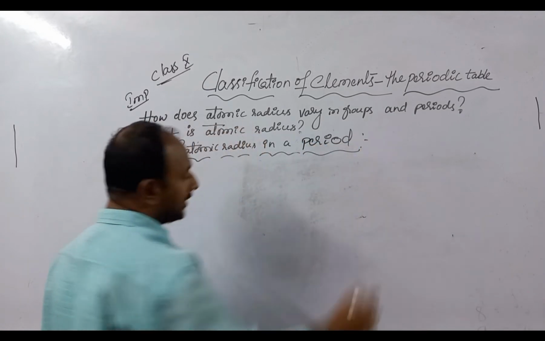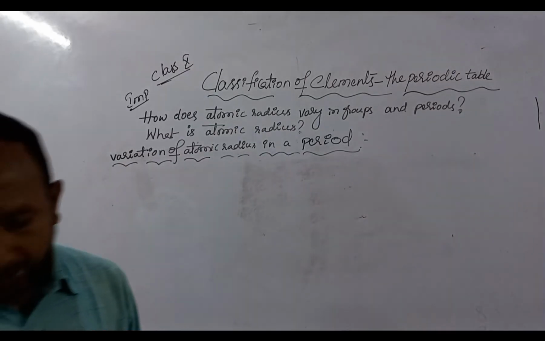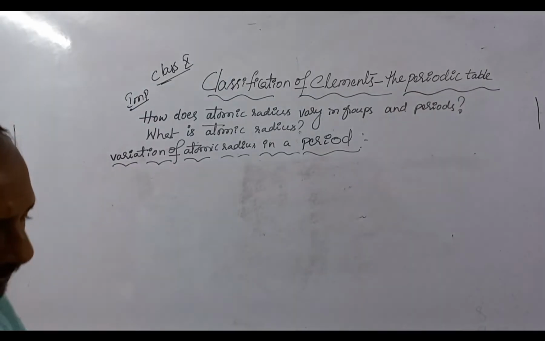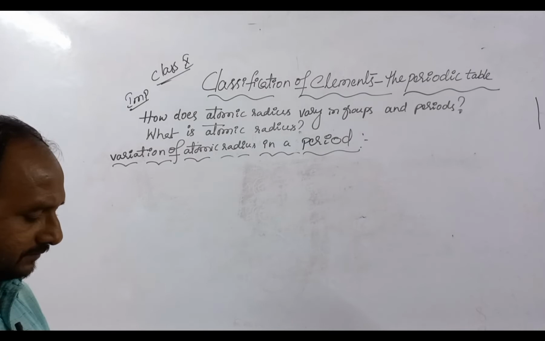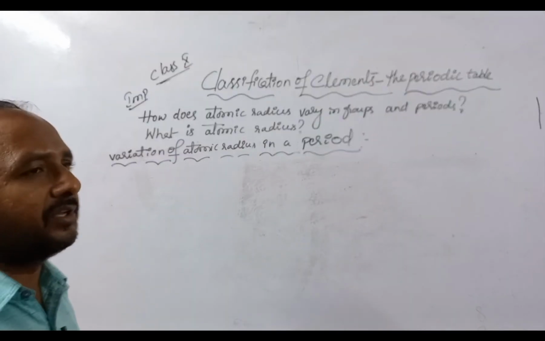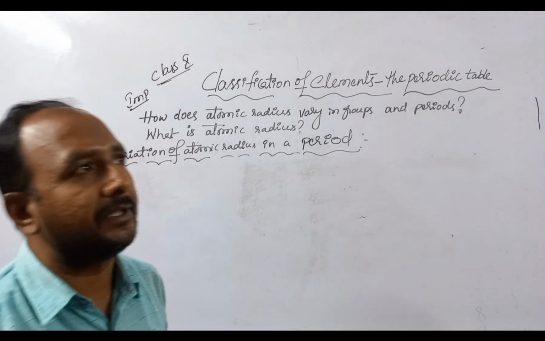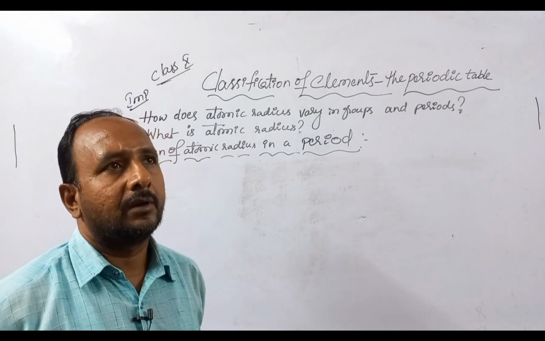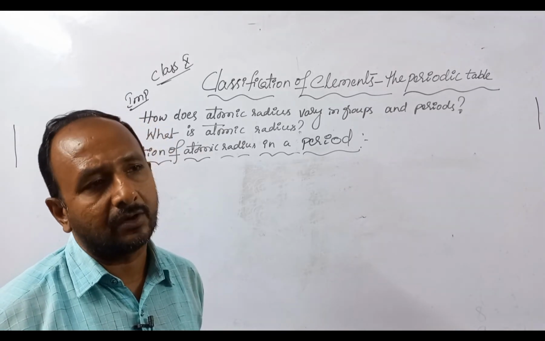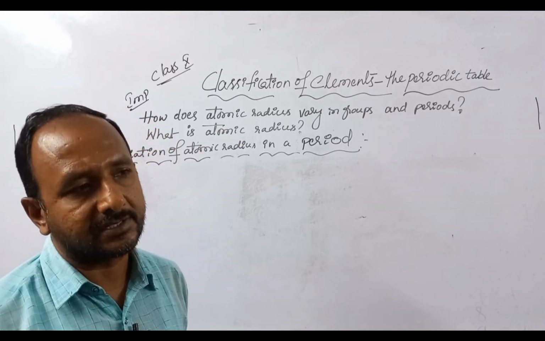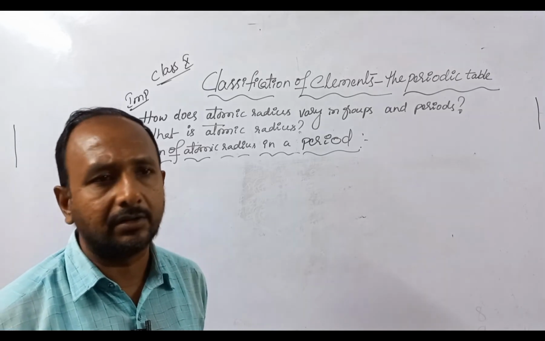Students, in the previous video we explained what is a period. In the modern periodic table, horizontal rows are called periods.